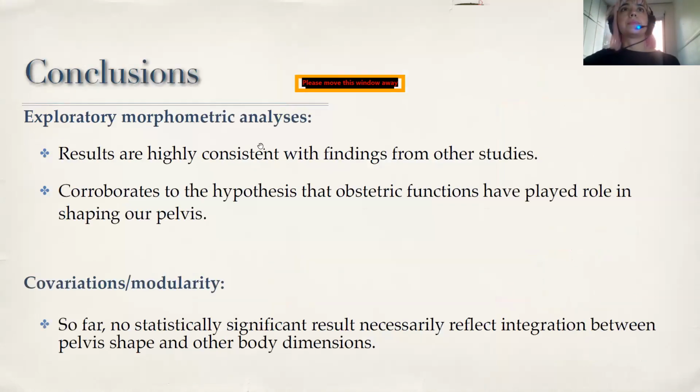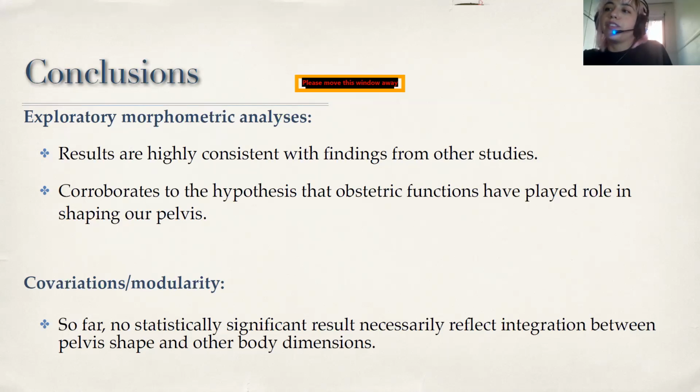And as a conclusion, I can say that the results I have are very consistent with what has been found for pelvis shape in other populations around the world. So despite all the mixed genetic background of the sample and the expectations of increased diversity that we had, what was found for pelvis shape, especially for the true pelvis, is very consistent with many other findings.